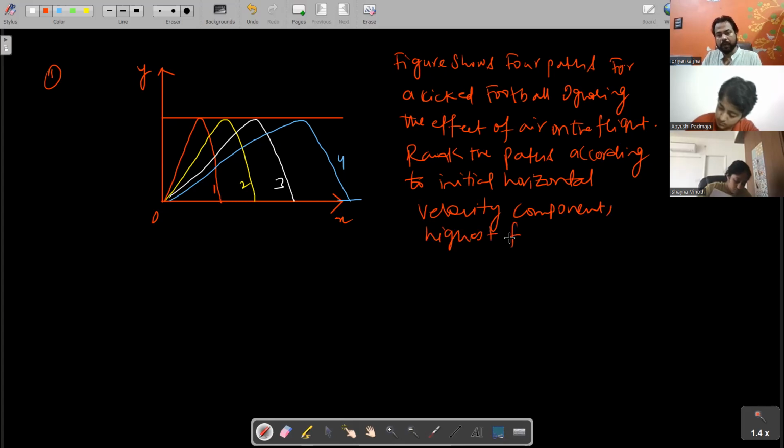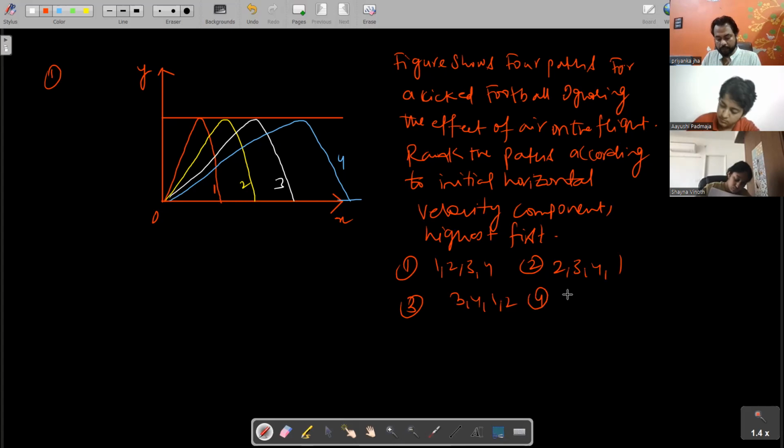Means descending order. In descending order, you have to rank that. Options are 1, 2, 3, 4. Second option, 2, 3, 4, 1. Third option, 3, 4, 1, 2. Fourth option, 4, 3, 2, 1. The question says that based on the initial horizontal component of the velocity, you have to order the paths.